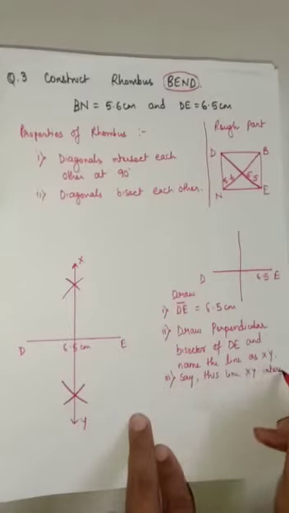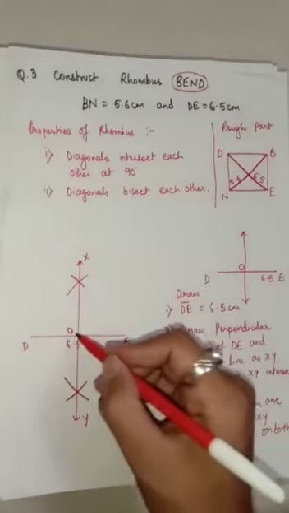An arc will be cut on XY, drawn from point O on both sides.